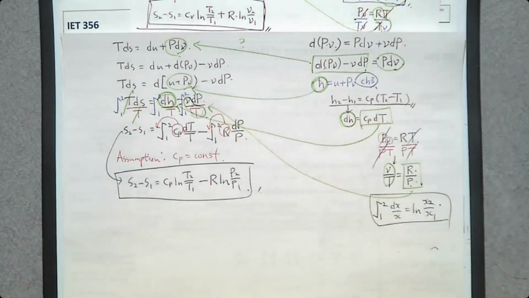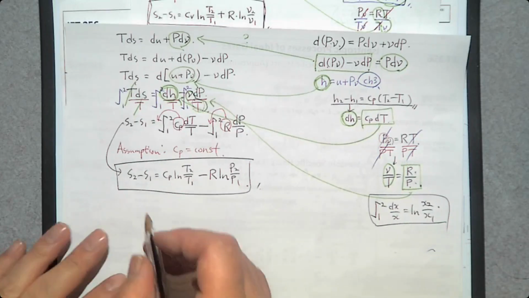So we have two equations, this one and that one. But there's one limitation, which is that this equation and the equation on top are only valid when specific heats are constant.